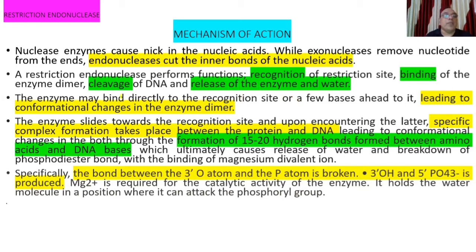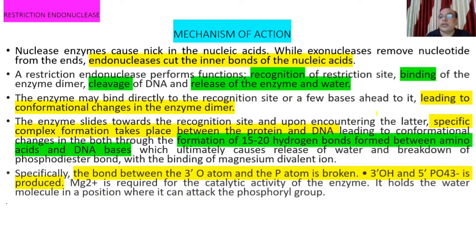The enzyme may bind directly to the recognition site, as I have told you earlier, or enter a few bases ahead of it, leading to conformational changes in the enzyme dimer. So when binding takes place, conformational changes in the enzyme take place, and the enzyme slides towards the recognition site.